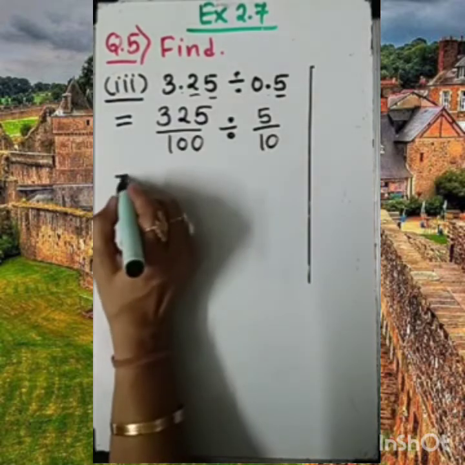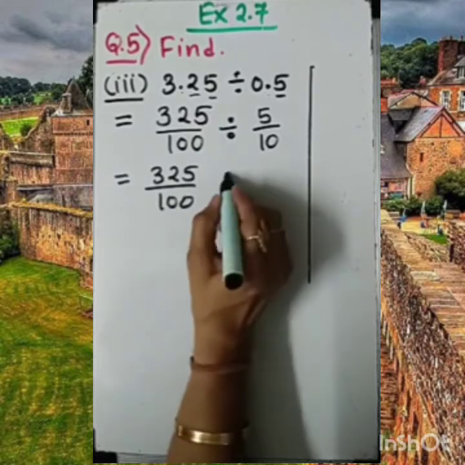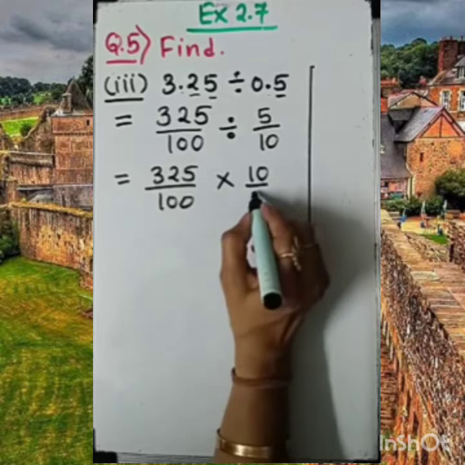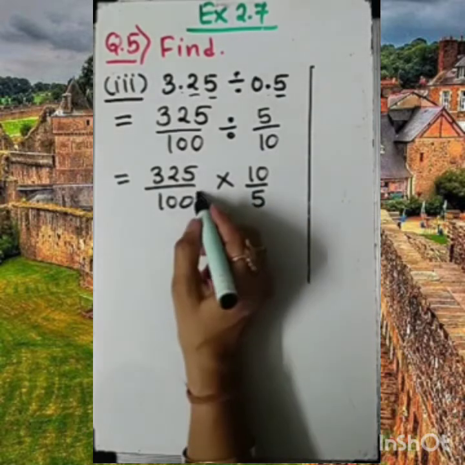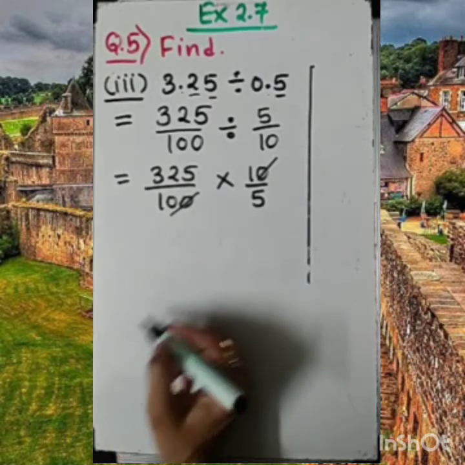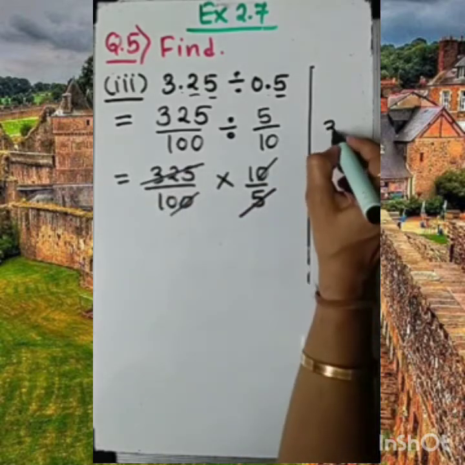So in the next step, with the intention to convert into multiplication, the reciprocal of 5 by 10 is 10 by 5. Okay, so you can see here the 0 0 cancel. Something else can be cancelled. Let's try. Yes, we can divide this with this. If we are not able to do it directly, then do it in a rough column.